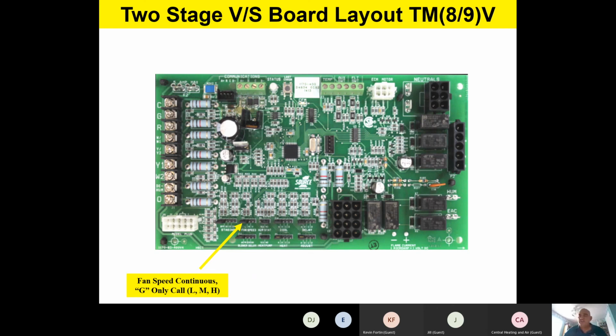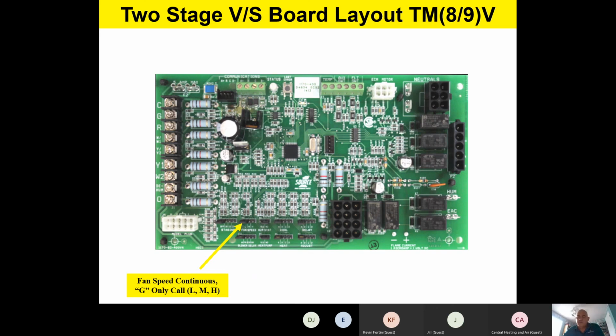Now, please write this down. This is a percentage of cooling airflow. Low is going to be about 35% cooling airflow. Medium will be 50% cooling airflow.